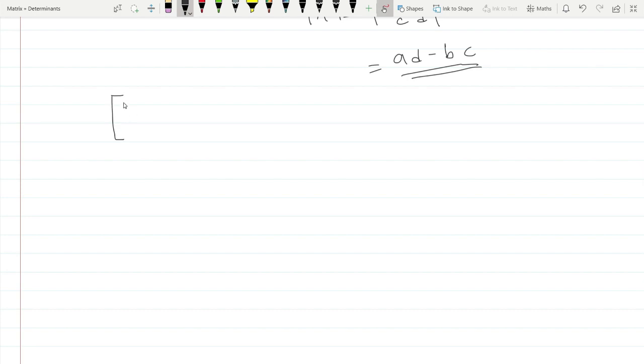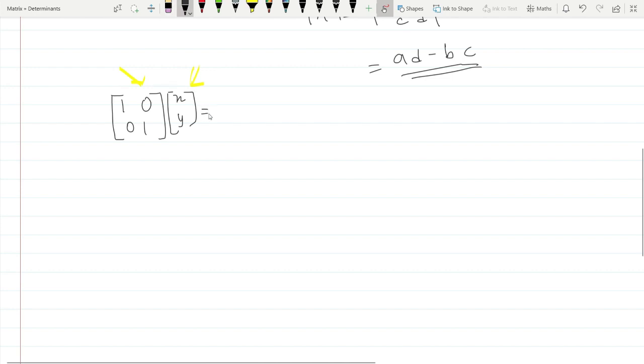First, we'll take an identity matrix 1 0 0 1 with x comma y. This is a point. This matrix represents a point in the Cartesian plane, and this is the identity matrix of order 2.